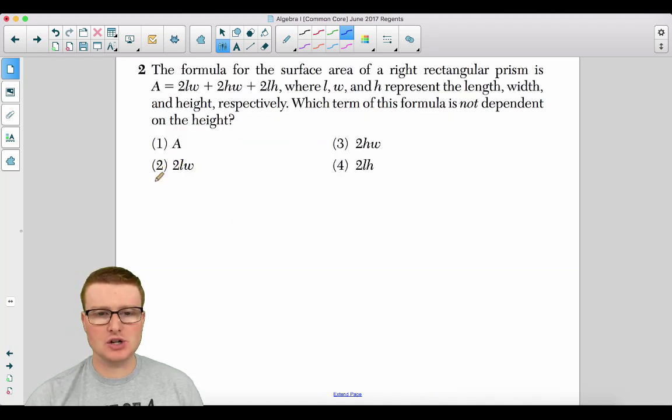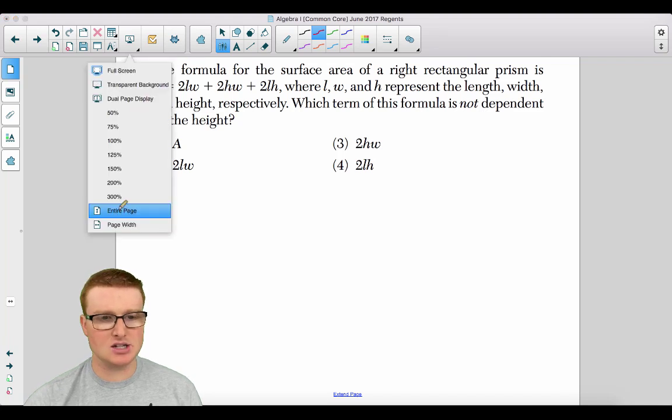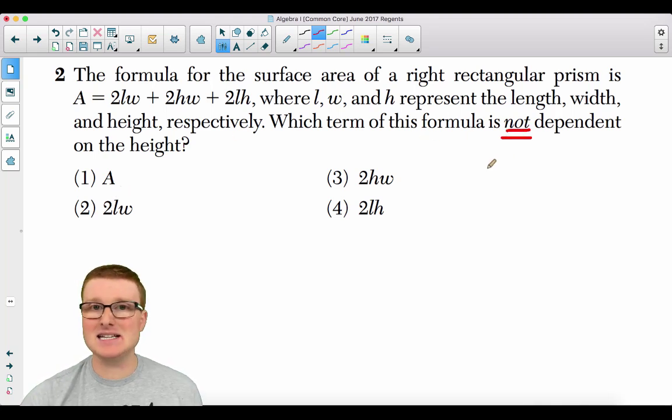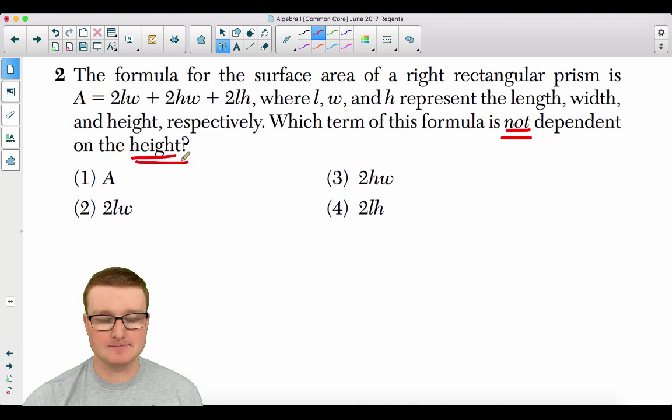The formula for the surface area of a right rectangular prism is A equals 2LW plus 2HW plus 2LH, where L, W, and H represent the length, width, and height respectively. Which term of this formula is not dependent on the height?